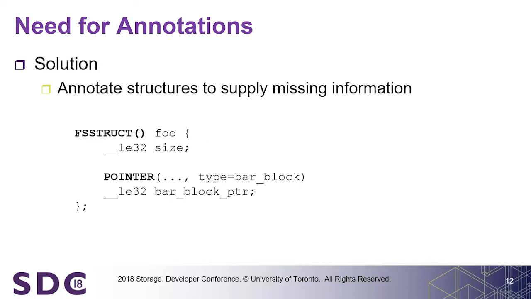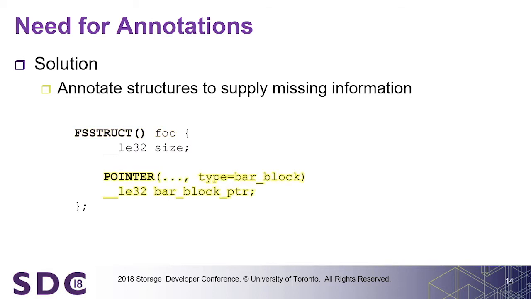So our solution here is to annotate this metadata structure so that we can unambiguously specify this missing information. Here, we add an fsstruct annotation to struct foo to indicate that it is an on-disk metadata structure.